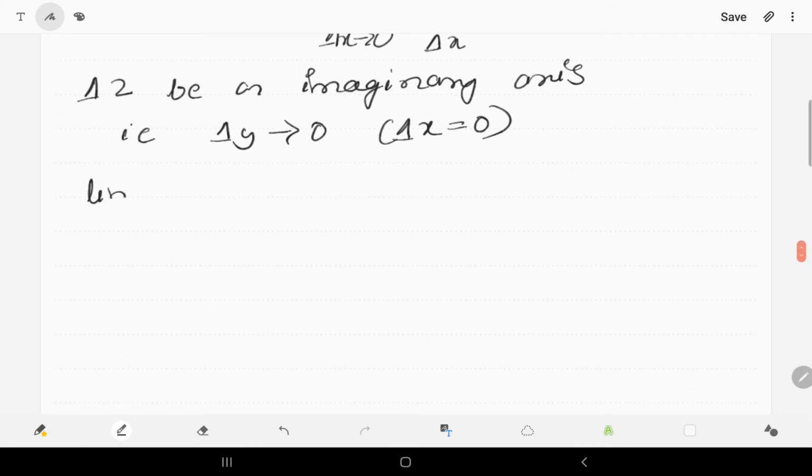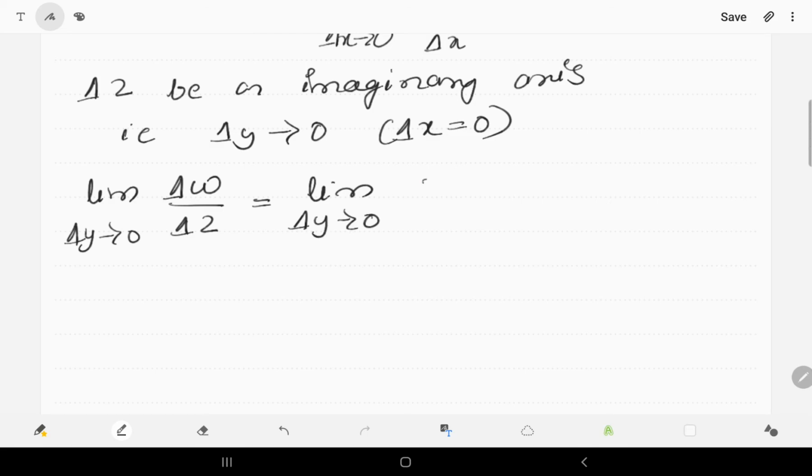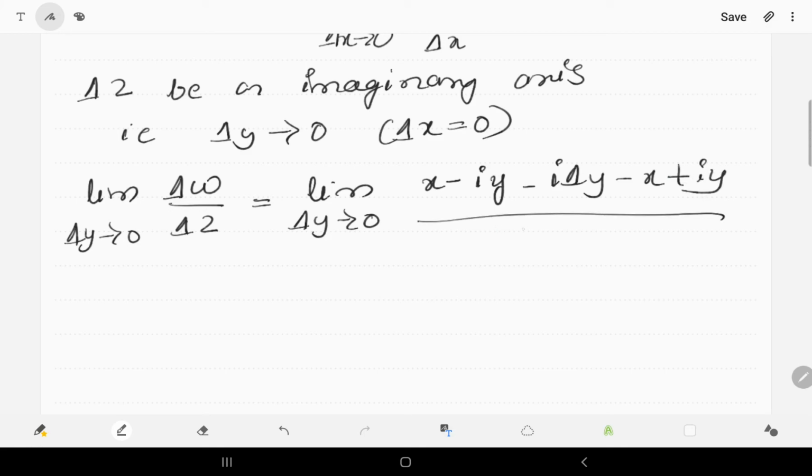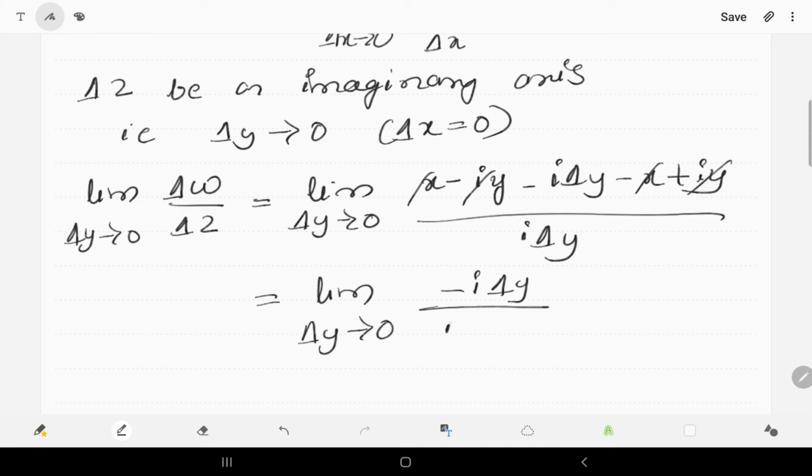So the limit of delta w by delta z as delta y tends to 0 is equal to limit as delta y tends to 0 of this becomes x minus iy minus i delta y minus x plus iy, because delta x is equal to 0. So i delta y cancels, remains limit as delta y tends to 0 of minus i delta y divided by plus i delta y is equal to minus 1.